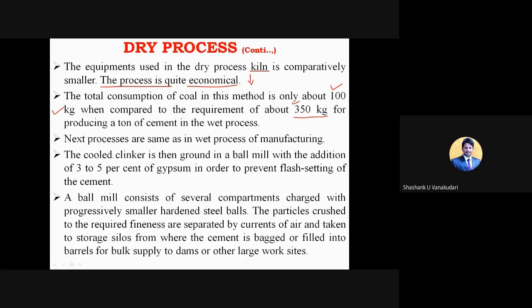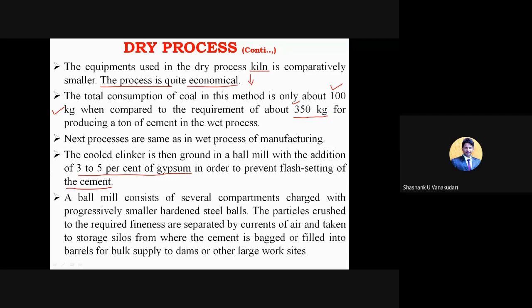And here the cooled clinker is then ground in a ball mill with the addition of 3 to 5% of gypsum. Again, the procedure is repeated, same as in the wet process, in order to prevent flash setting of the cement. Gypsum provides a binding effect and controls the setting time.